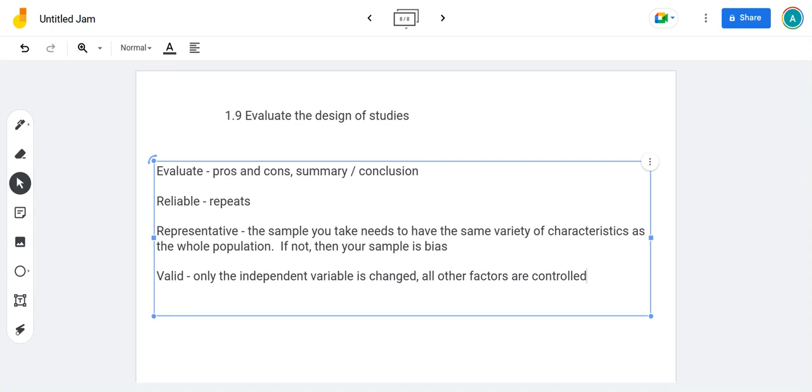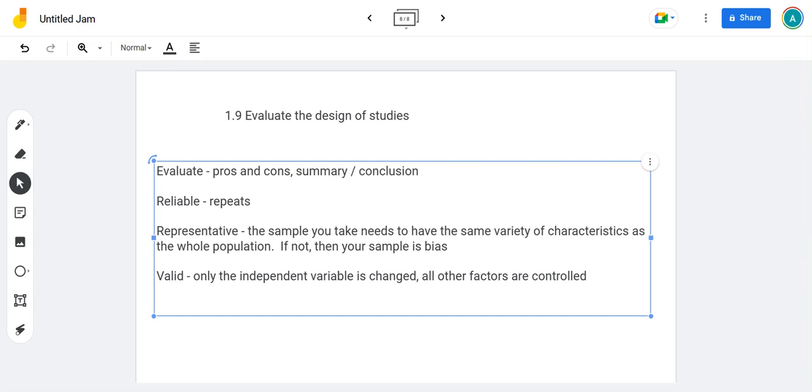Then really we should be keeping everything else the same. We need people that have exactly the same levels of cholesterol, exactly the same blood pressure, that do exactly the same levels of exercise, and you're not going to find that. So you just need to be aware that these kind of studies into the effect of factors on cardiovascular disease are unlikely to be totally valid.